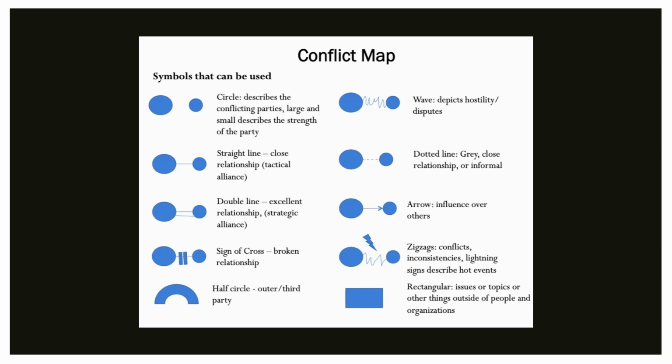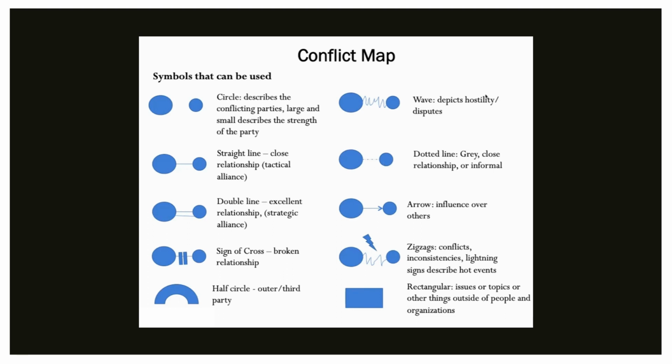If we see a small circle, it means the small power of this conflicting party. And the straight line is a close relationship or tactical alliance. The double line is a strategic alliance. The sign of a cross is a broken relationship between the parties. A half circle is the third party.